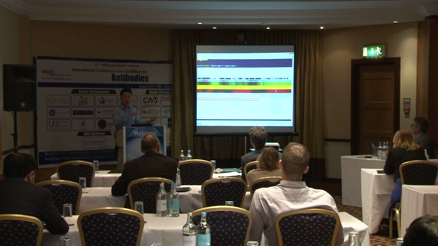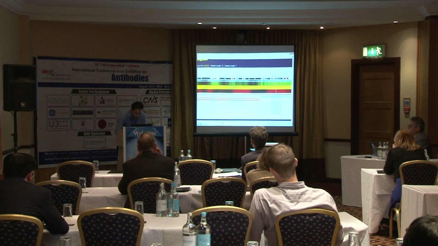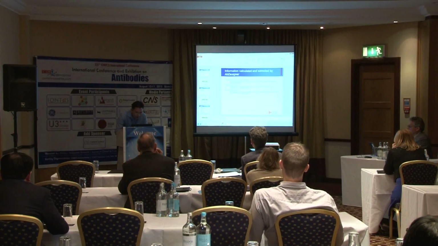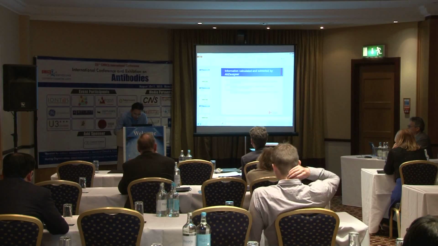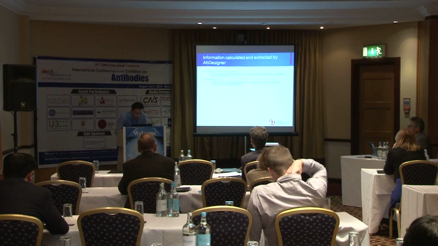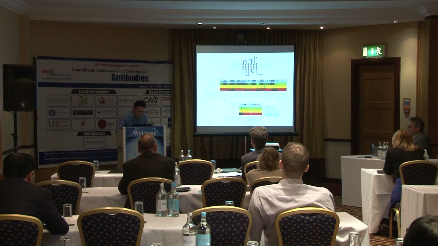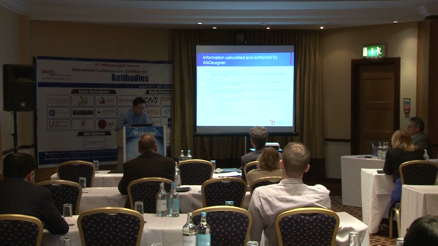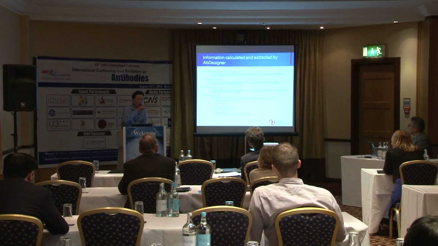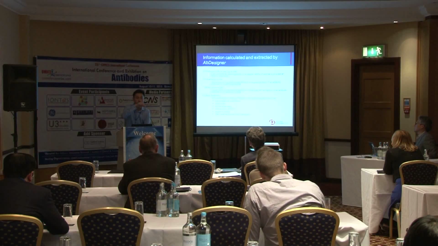But with this one, you get the result within like 15 seconds. So we'll go through this very quickly since I already showed everything. Those are UniProt annotations. Whatever is in the record, it will show up.